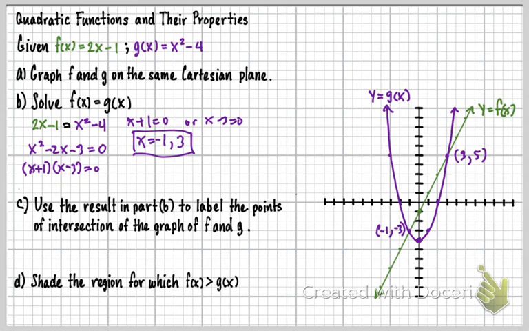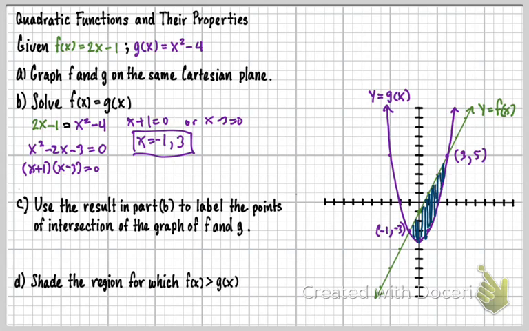So what I'm looking for is where are the y values of my f larger than my g of x. That would mean where my f of x is above my g of x function. And that happens in here. So that's where that happens at. It says shade that region.